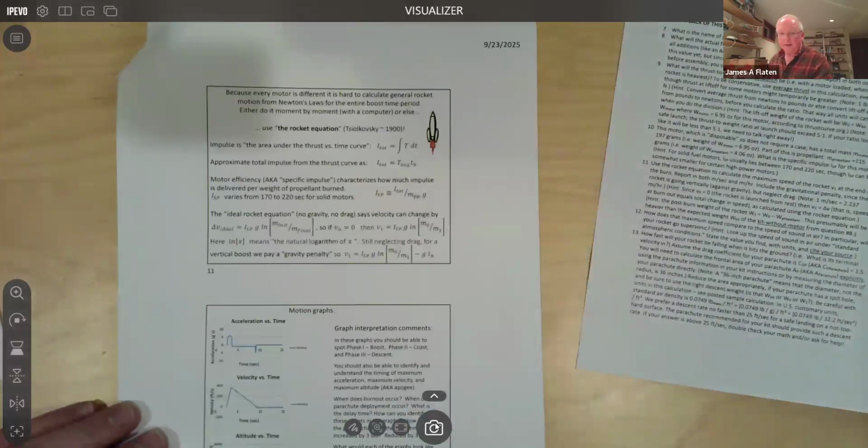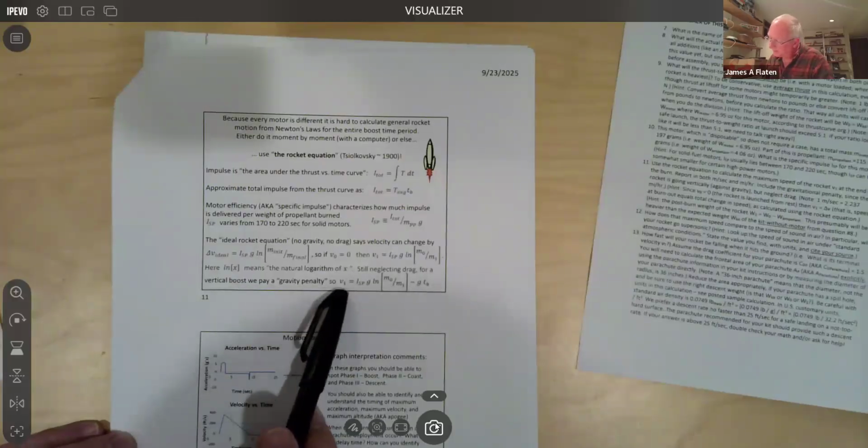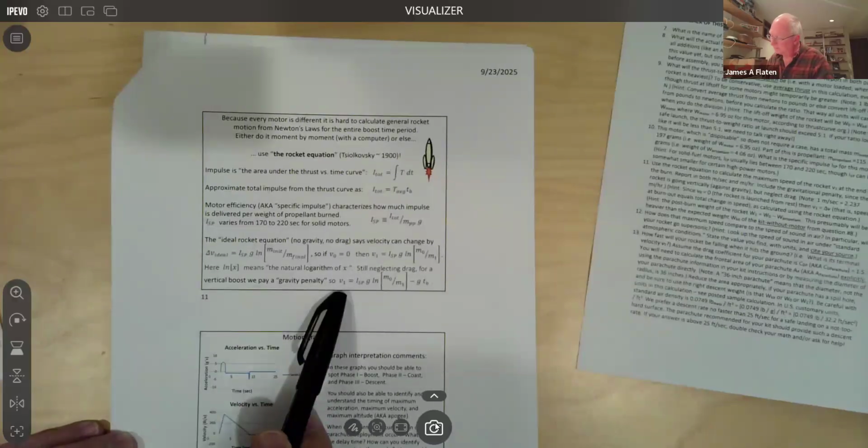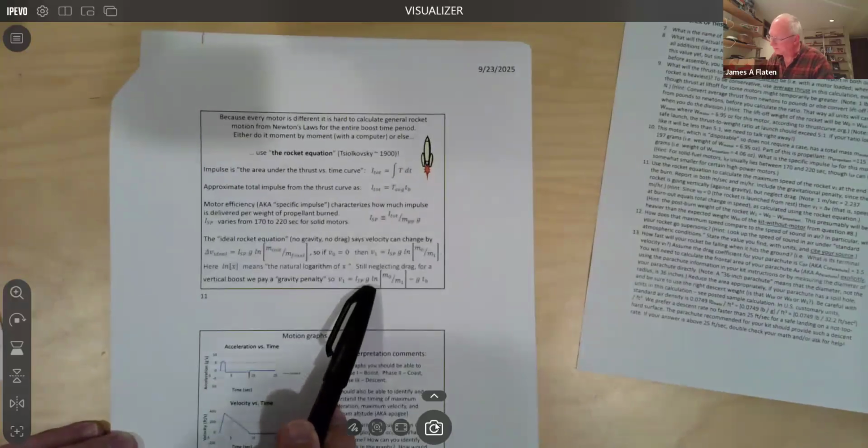So again, one of my first steps is to find a relationship. Going back to my slides, here is a relationship. It tells me that the speed of the rocket, if you start at rest, is equal to ISP, which we just calculated, times G times the natural logarithm. That's a specific mathematical function.